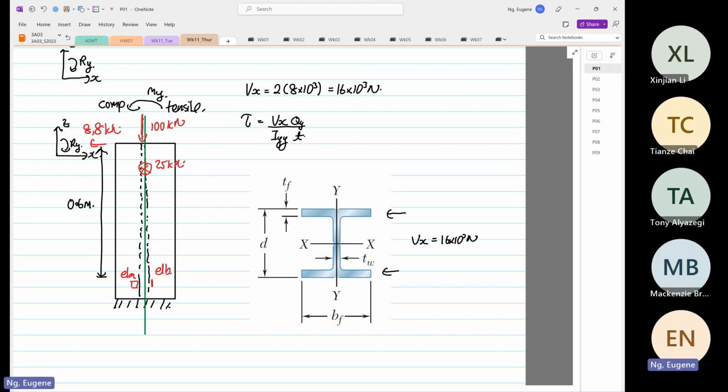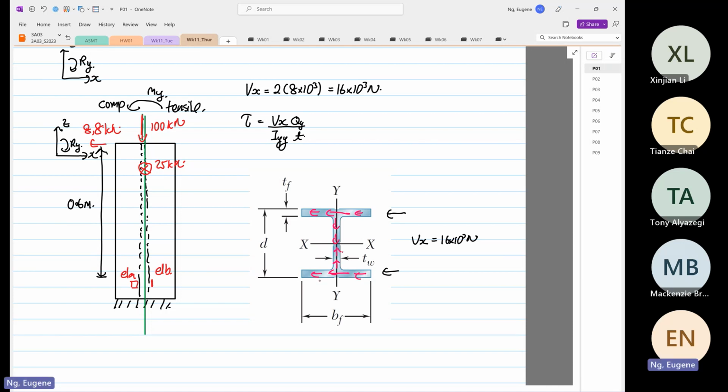So now on the major web, we construct our shear flow. And then the shear flow can come into here and here.